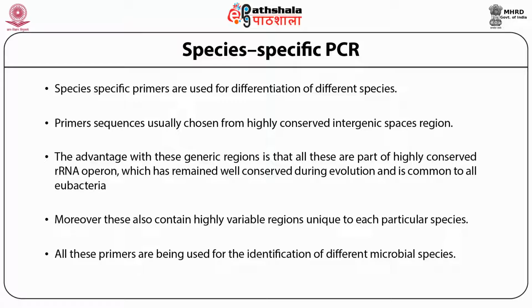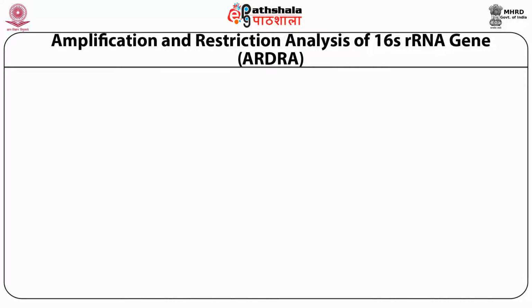However, direct sequencing of these amplified 16S or 23S intergenic spacer regions in different isolates can easily differentiate even very closely related or similar strains, and is readily becoming popular among researchers. So next, our method, which is also called ARDRA, amplified ribosomal DNA restriction analysis of the 16S rRNA gene.